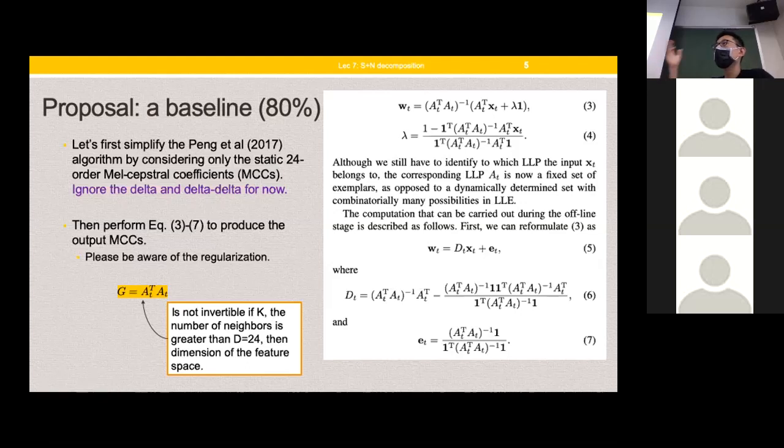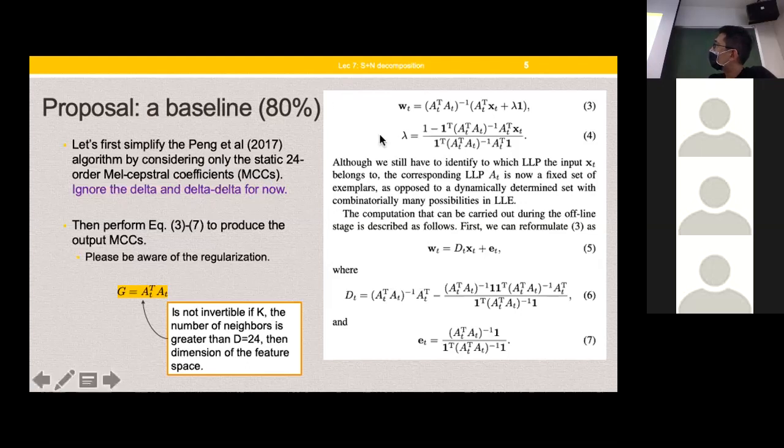Delta means subtracting the previous frame from the current frame. So let's forget about delta first and only focus on static features, which should simplify our picture quite a bit.